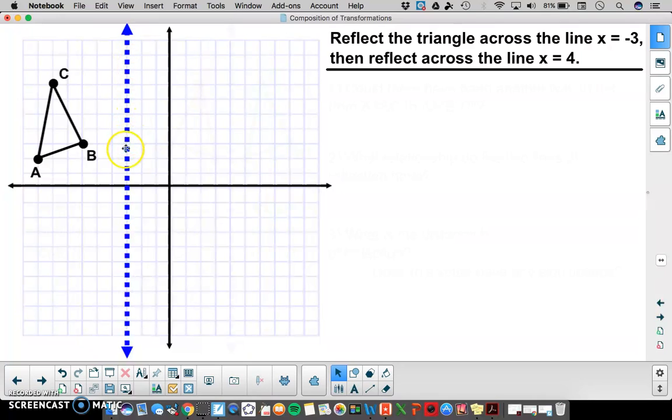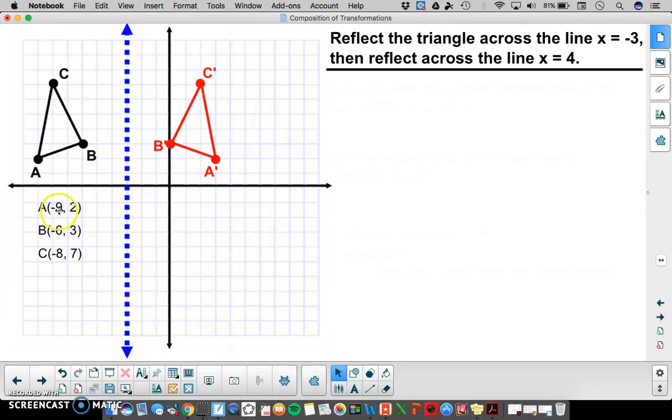Remember, we reflect across that line by counting to the line and then counting that exact same amount on the other side. Because remember, the pre-image and image points have to be the same distance away from our line of reflection. So we know B is 3 away, so we know B prime is going to be 3 away on the other side.